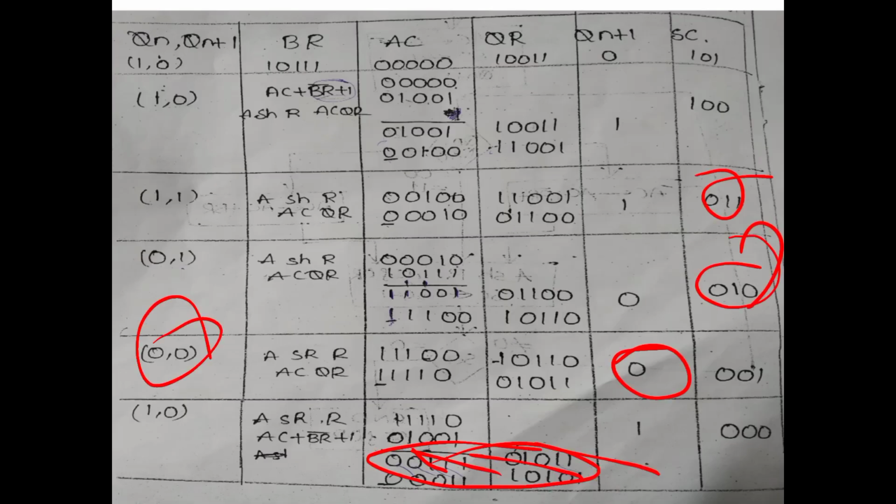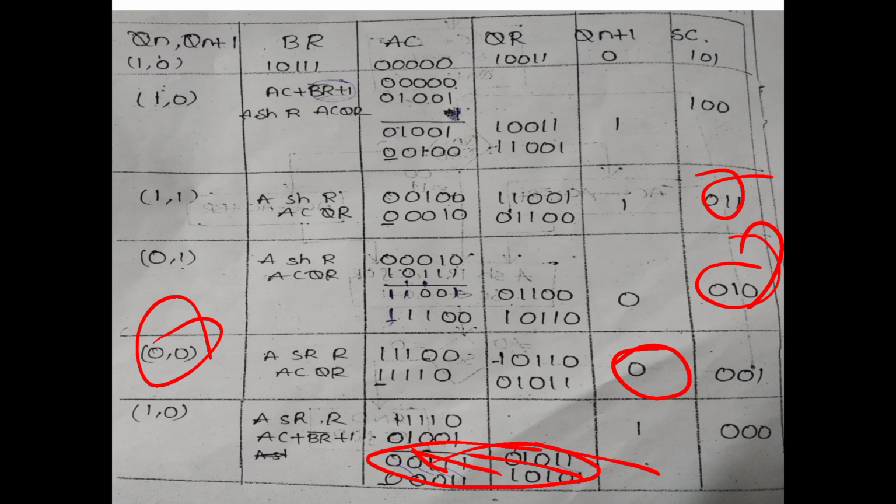So I think this is the numerical example for this. Every step is followed by this flow chart. Just follow the flow chart until you find the result. Initially we are taking Qn and Qn+1, BR and AC.